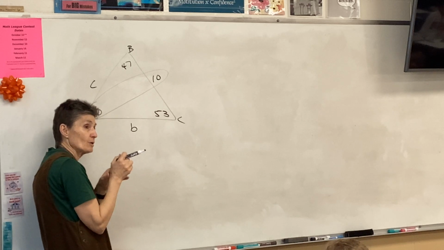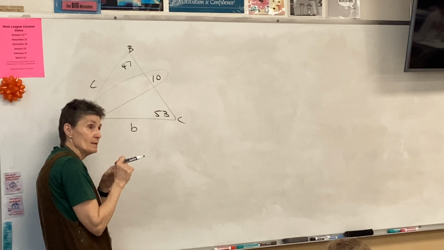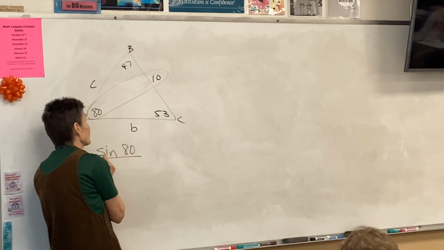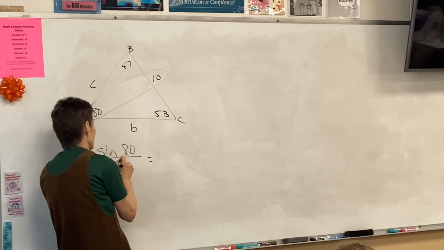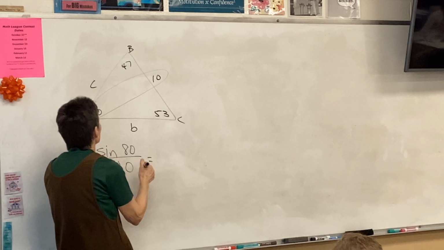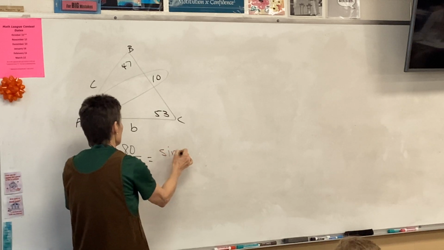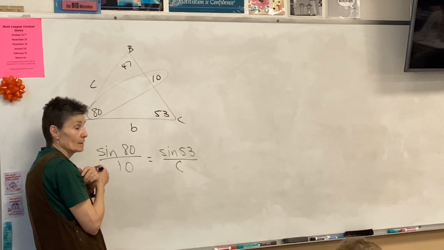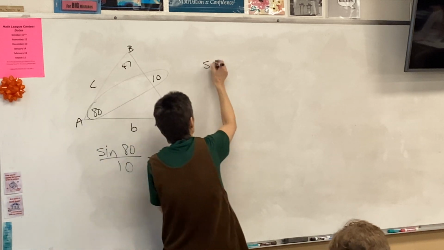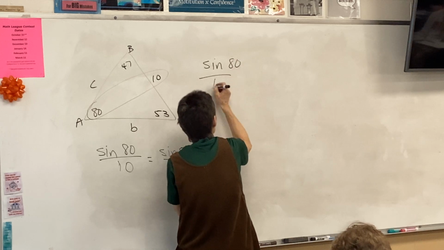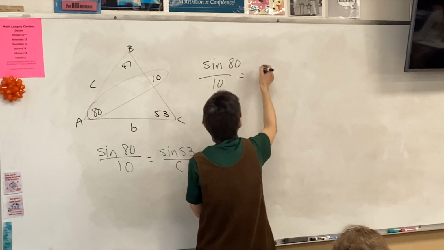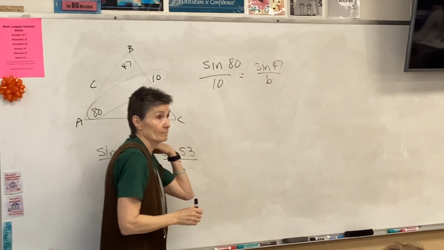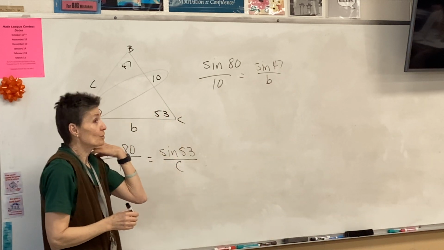So what's that your clue? That's your clue that you're gonna use the law of sines. So sine 80 over 10 equals, I don't know, sine 53 over C. But you're also going to be doing sine 80 over 10 equals sine 47 over B. You're going to do both.